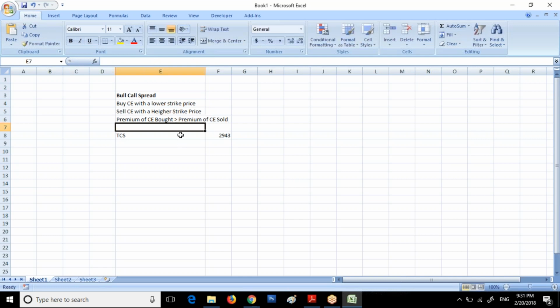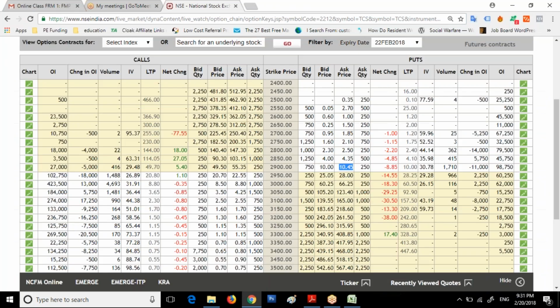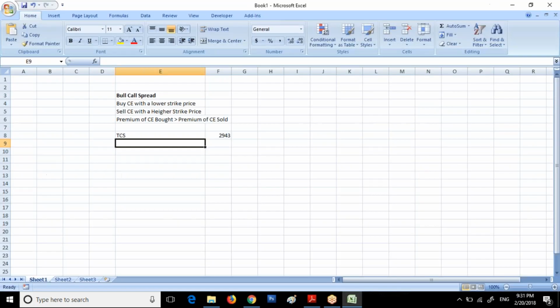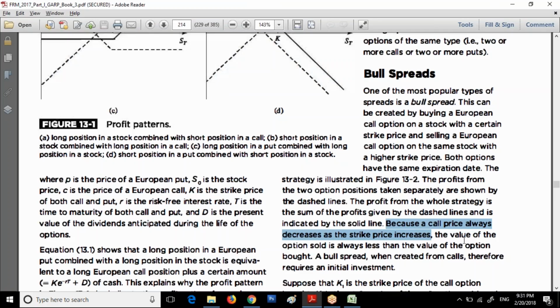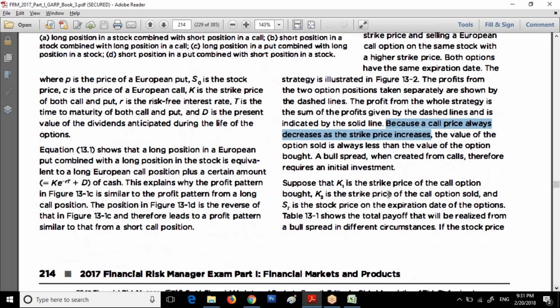Or you can write that the premium of option sold is always less than the premium of call option bought. Both are the same thing. Now the value of the option sold is always less than the value of option bought. So a bull spread, when created from calls, therefore requires an initial investment.